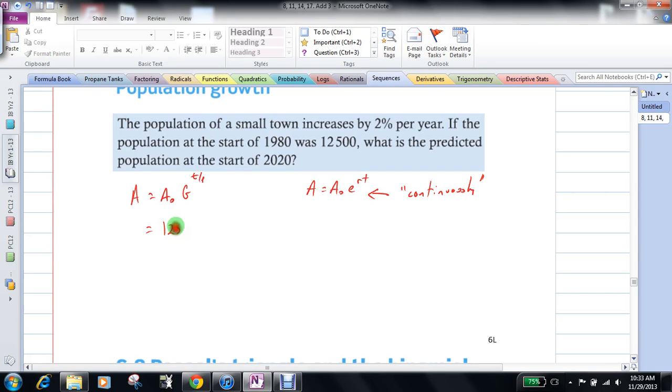Where initial population is 12,500. Our growth factor is 1.02. Remember, in order to grow, it has to be greater than 1. And we are growing from 1980 to 2020, which is 40 years. The P is the period, meaning how long did it take for this 1.02 to occur?